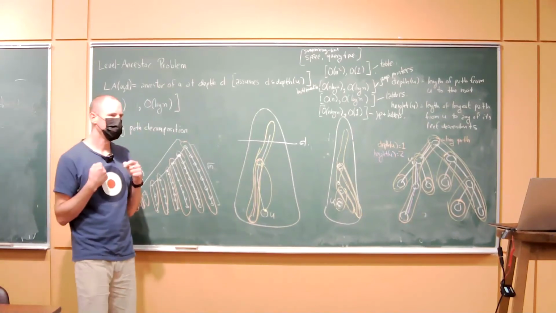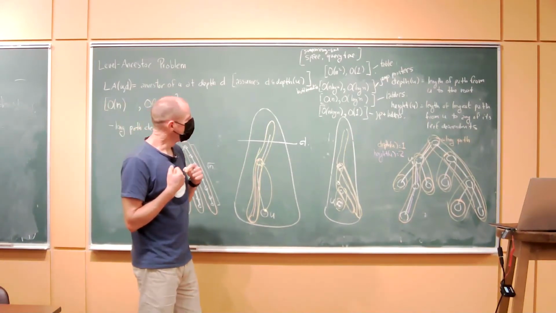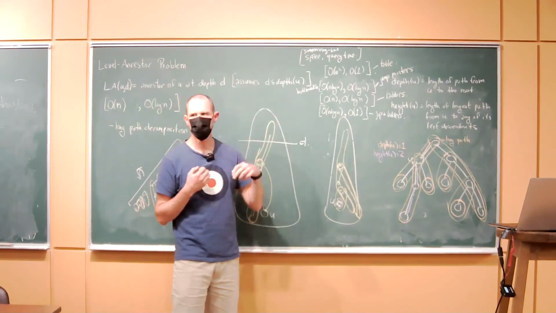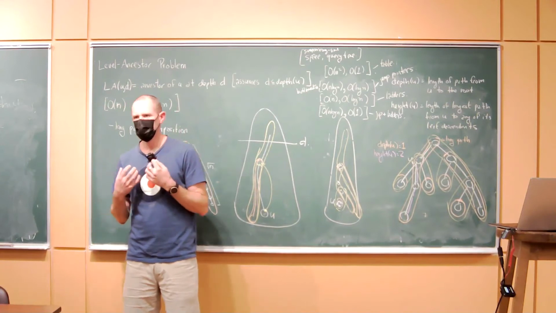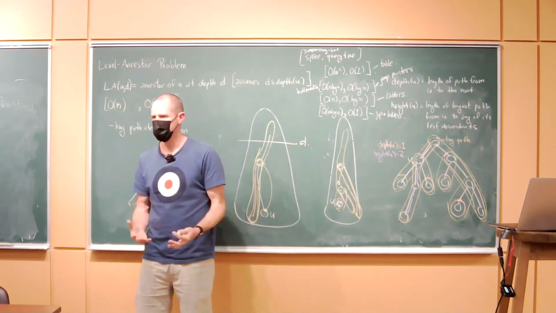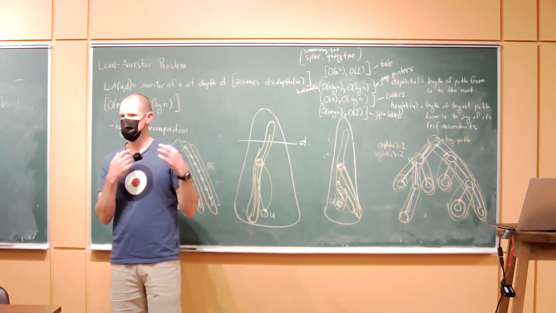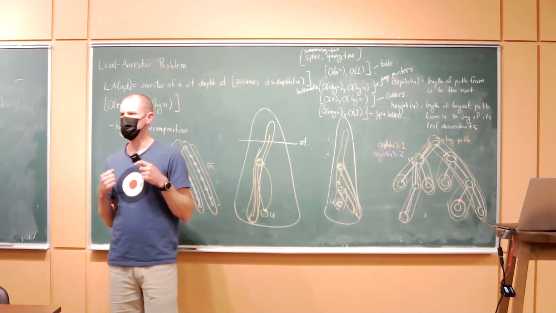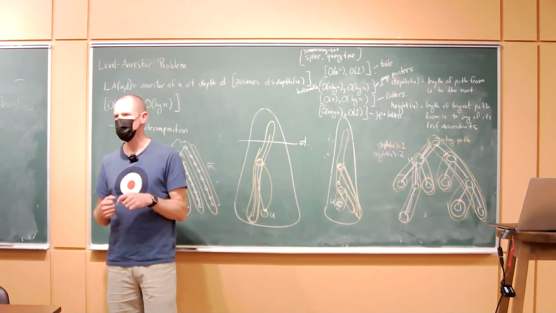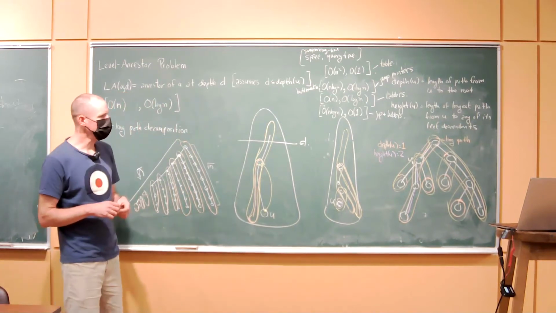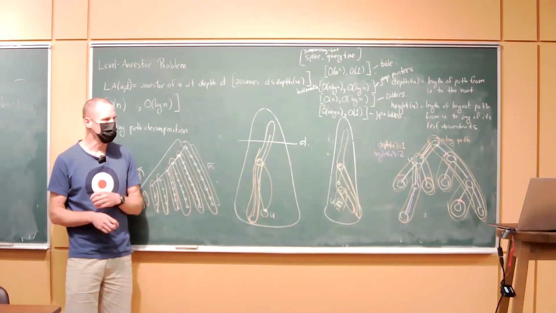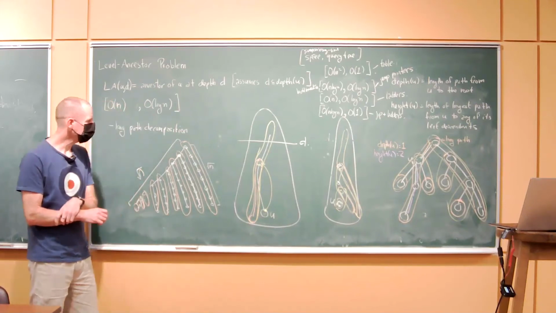When we have a data structure whose space is too much, the generic trick is just don't put all the data in it. So instead of putting all n pieces of data in it, only put n over log n pieces of data in it, and then it won't matter. We have to think about how we're going to apply that trick in this case.